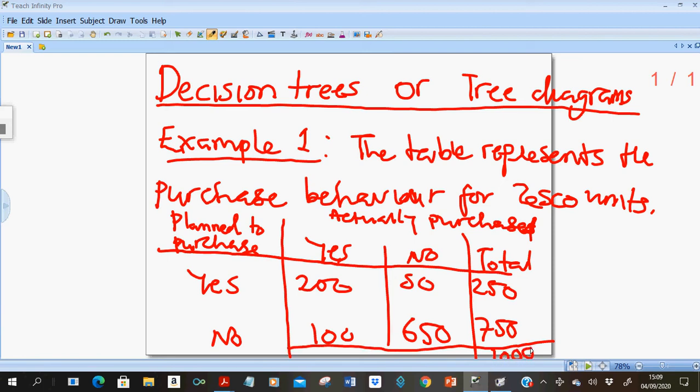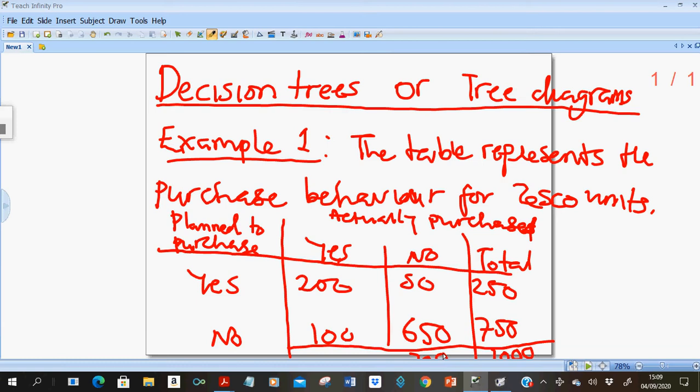Then we have that 700 there. I think I'll just omit the totals. So we see that those that planned to purchase, in total, we have 250, and those that did not plan to purchase, we have 750.